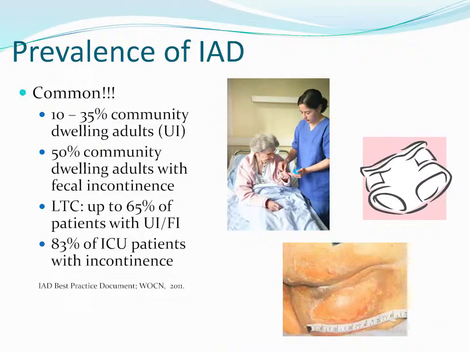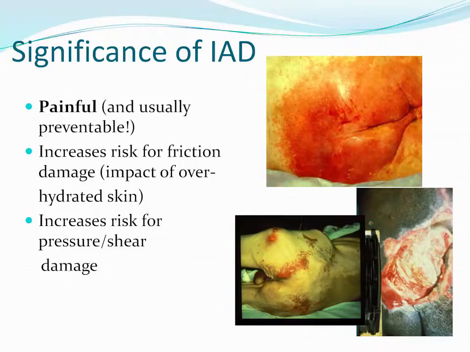Among community-dwelling adults with fecal incontinence, 50% have IAD. In long-term care, up to 65% of patients with incontinence, and in ICU, 83%. And I know in our setting, our ICU patients seem to be our most vulnerable patients, and they're the patients who have C. diff.